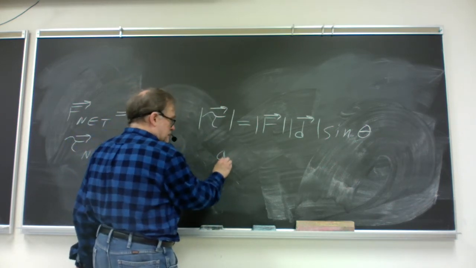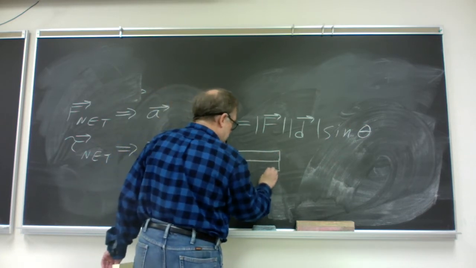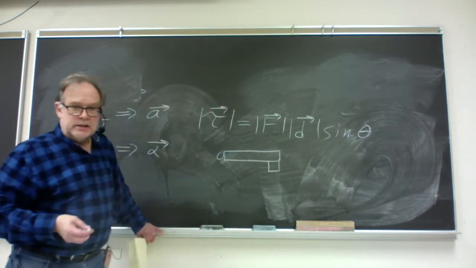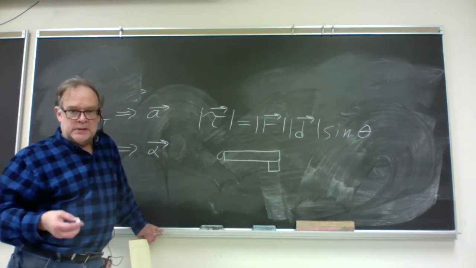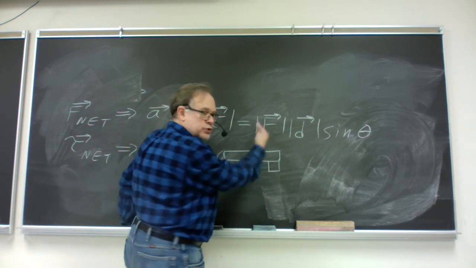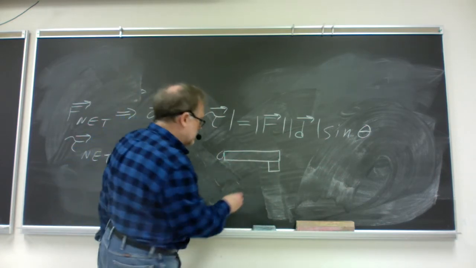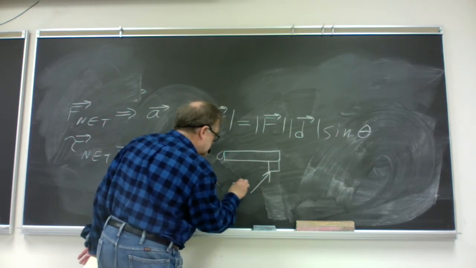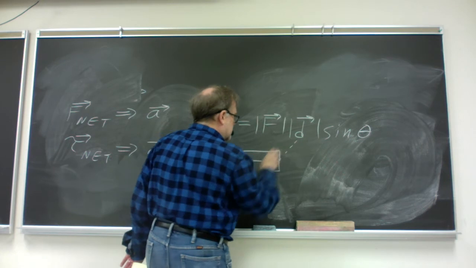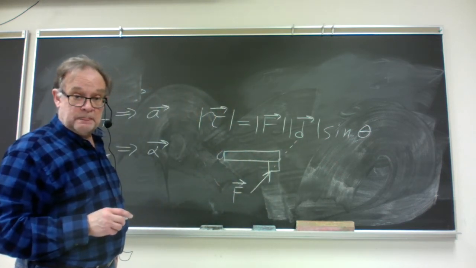Here's the hinge about which the door rotates. Here's the door. Here's the door knob. And let's say you push on the doorknob like you would normally, but instead of normally pushing perpendicular to the door, let's say you push at an angle. So here's the force with which you push, and there's the direction of the push, not perpendicular to the door.